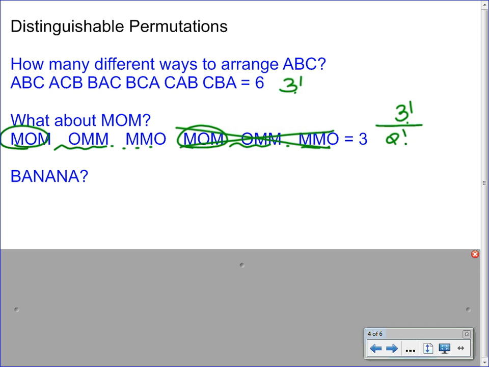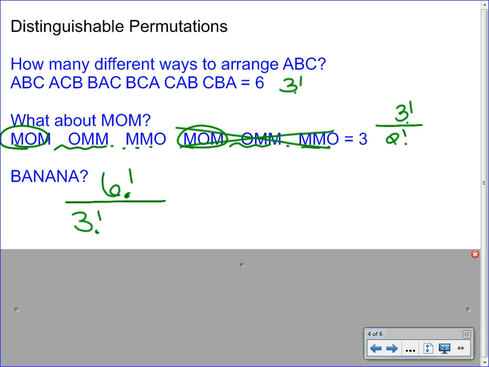So what if you have 2 of those? Like banana. Okay. How many letters are in banana? 6. There are 6 factorial different ways I can rearrange 6 letters. However, we have some repeating letters. A is repeating how many times? 3. So we need to divide by 3 factorial because I can rearrange the 3 A's that many ways, but they're all the same.